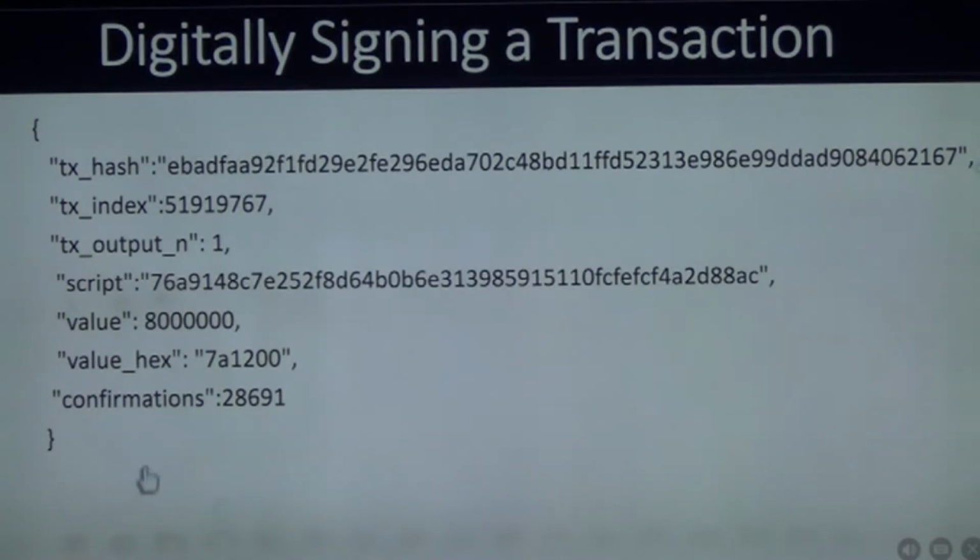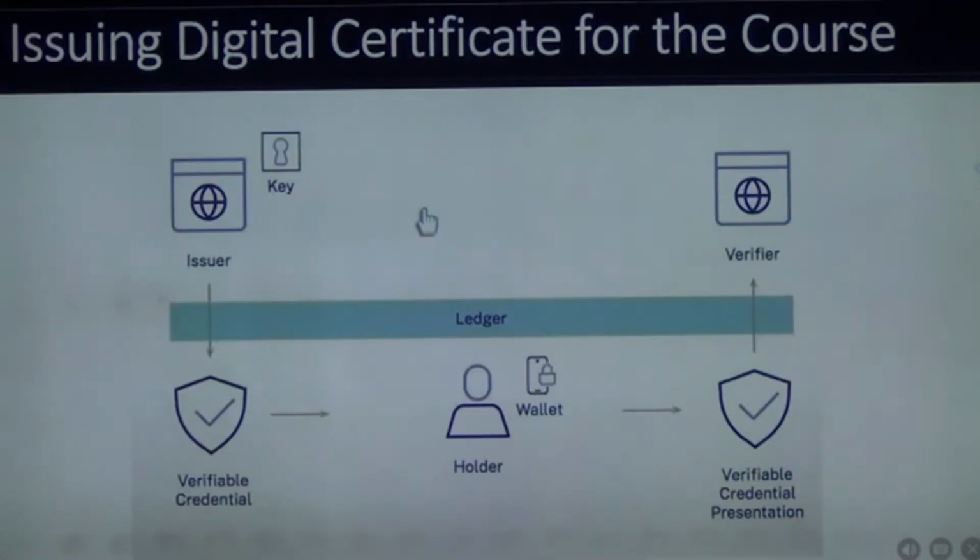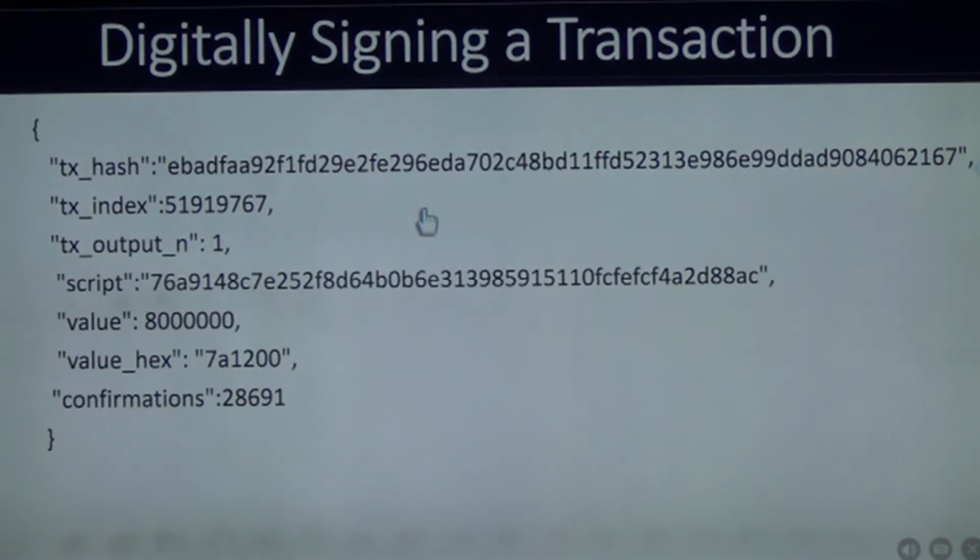So this is your transaction. So you take the transaction and compute a hash. So how do we compute a digital signature? You hash and then you encrypt it with your private key and send, and the other person would use your public key to decrypt it and just make it part of the transaction, part of a block.